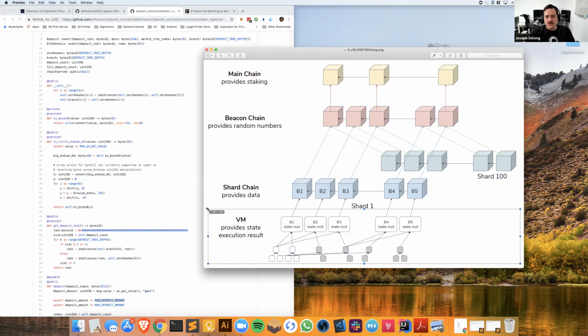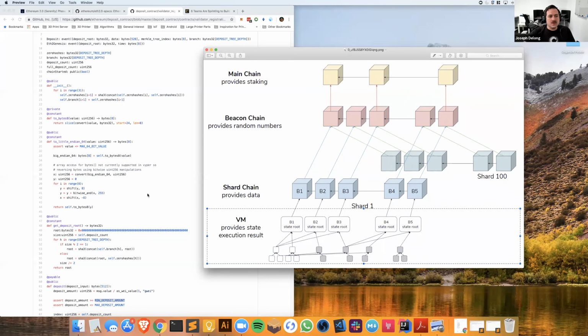Those are definitely roadblocks that will happen. We'll have to decide how do I execute on a shard? Or what happens if somebody deploys CryptoKitties on my shard and we're just getting hammered with transactions? That's definitely a consideration.